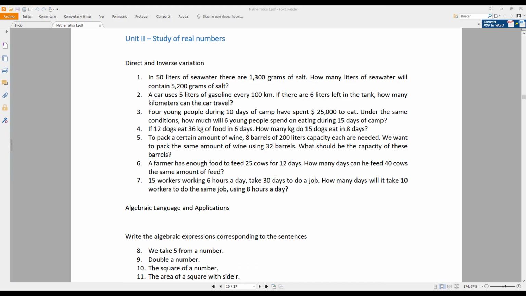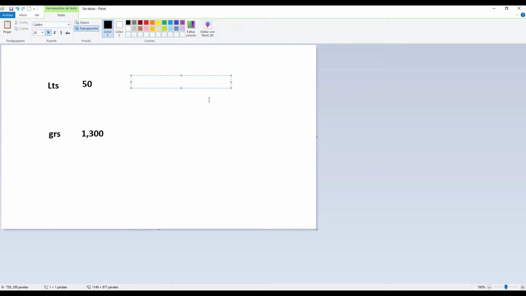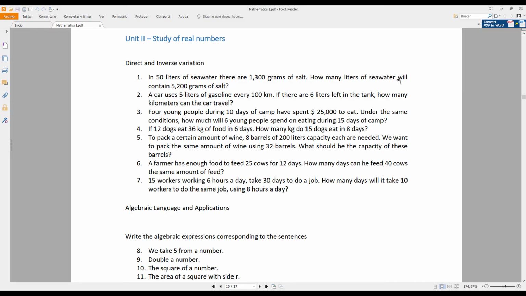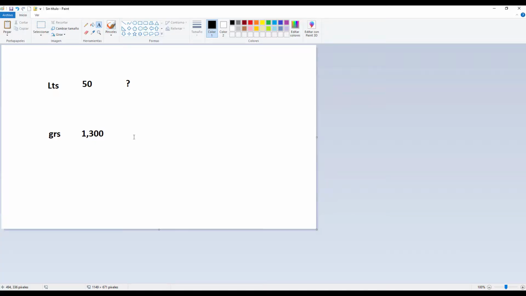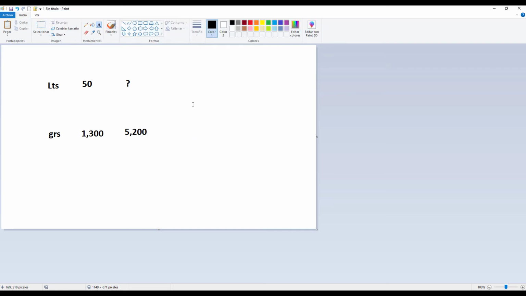Now, how many liters? You don't know how many liters, so in that case it is unknown. And how many liters of seawater will contain 5,200 grams? So 5,200. This is the problem here.